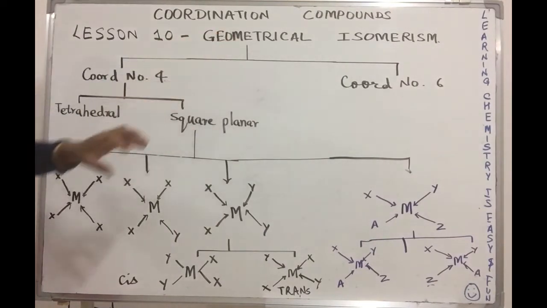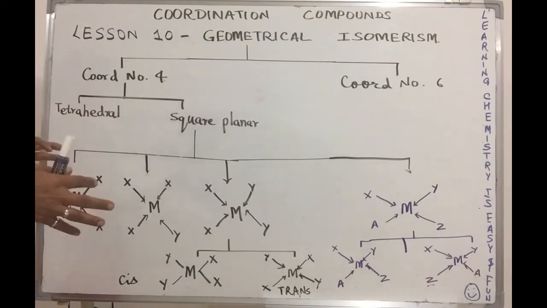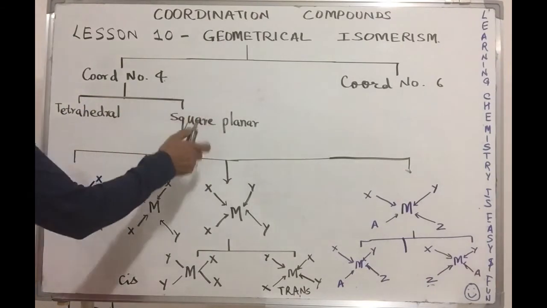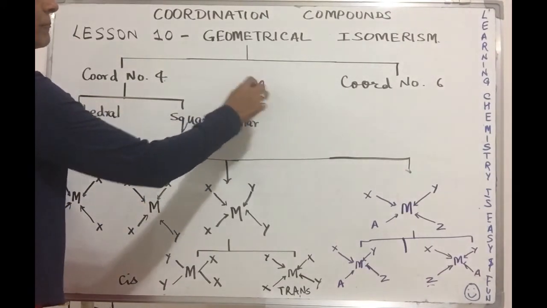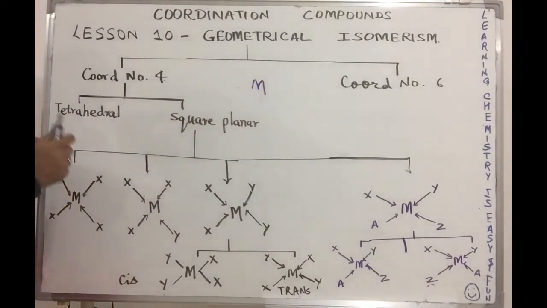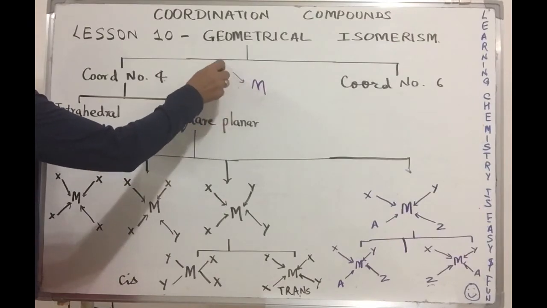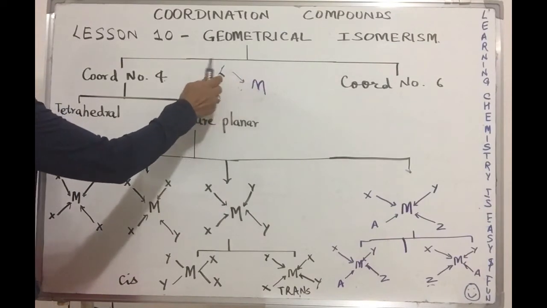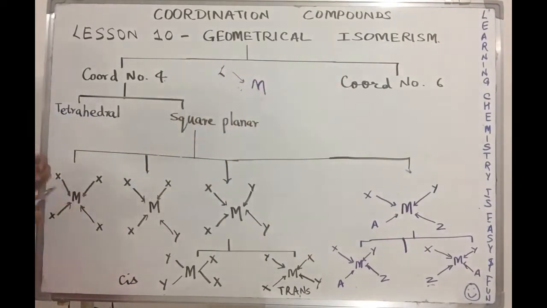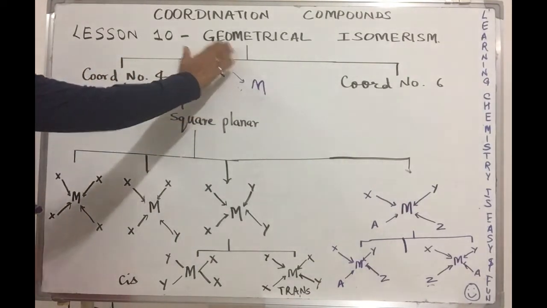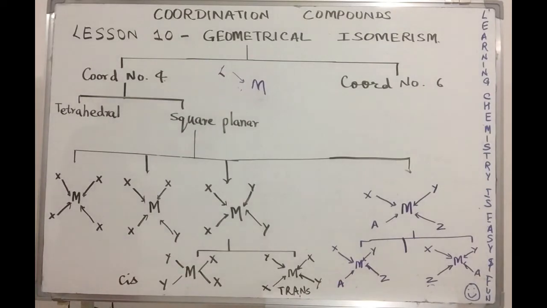Geometrical isomerism, that is their geometry varies, their arrangement around the metal atom varies. The ligands have the same bonding arrangement with the metal atom, but their position with respect to each other changes. That is what is geometrical isomerism.